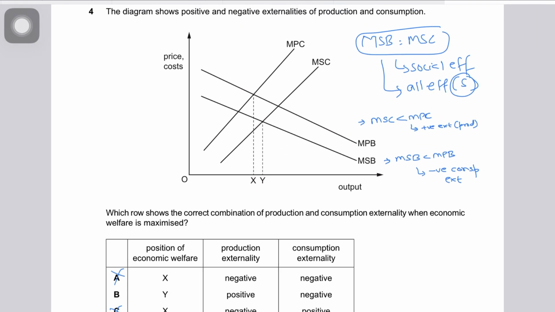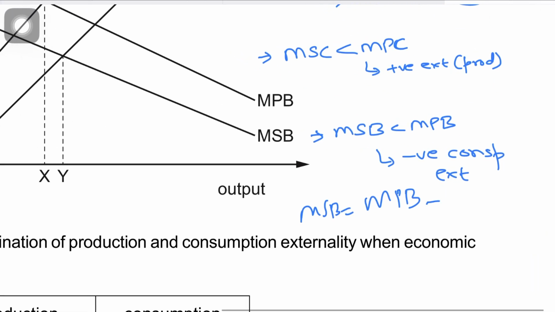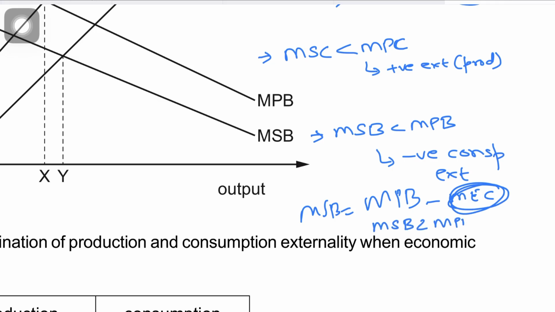Marginal social benefit would be marginal private benefit minus marginal external cost of consumption, since MSB is less. So it will actually bring down the social benefit. So marginal social benefit would be less than the marginal private benefit, right?